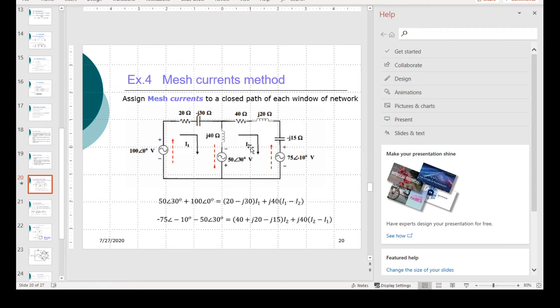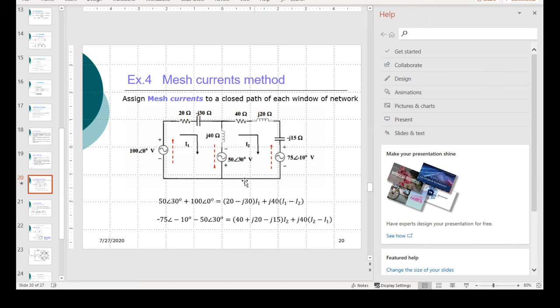Now, I've used the red arrows to indicate the polarity of the sources as they are given, just to emphasize. If you look at this source here and that source, if we follow the direction of this mesh, these two sources are helping each other. So the voltages compound, they add, positively. So the net voltage source in this mesh is actually 100 plus this voltage, which is the left hand side of this equation.